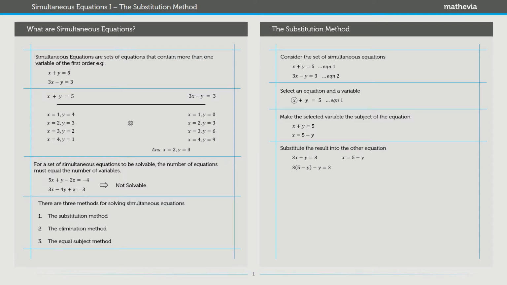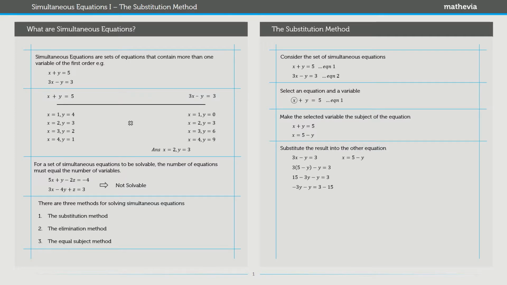equation there. So we have 3x minus y equals 3. This becomes 3(5 minus y). x becomes 5 minus y, so we have 3(5 minus y) equals 3. Then we can expand and say 15 minus 3y minus y equals 3. Something very important here: we now have a single variable in our equation.